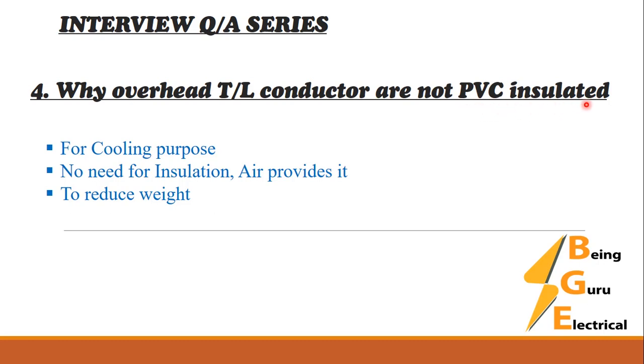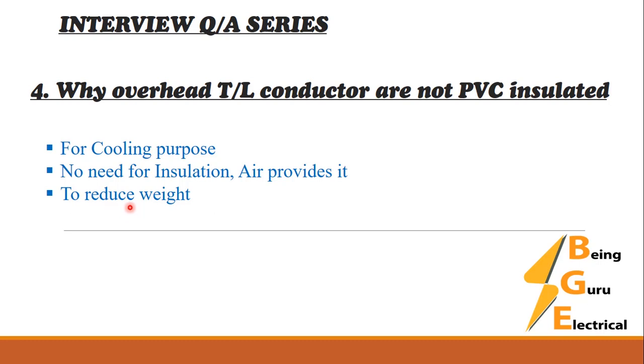Second, air provides the insulation, so we don't need PVC insulation because air is the insulator itself. And the third one, if we add PVC insulation, it will increase the weight of the conductor, and it increases the load on the towers. So these are the main reasons.